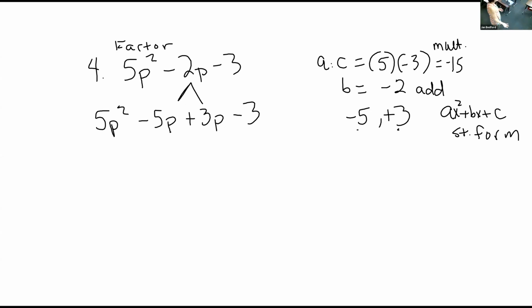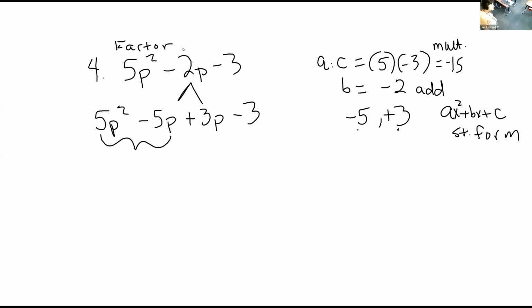Yes. So I'm replacing it with something that's equivalent. And by changing it from 3 terms to 4 terms, it's going to give me the ability now to factor out the greatest common factor for each pair.